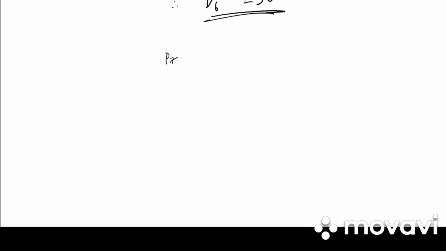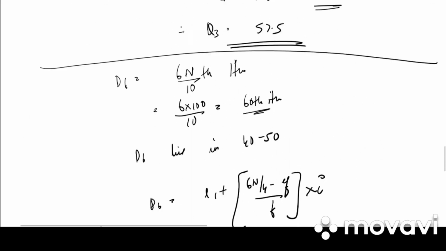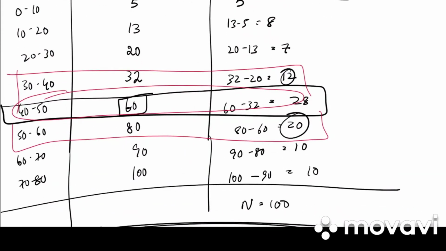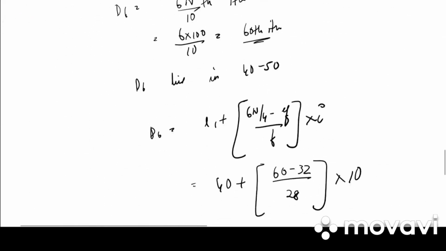Last we need to find P70. That is 70 into n divided by 100th item. 70 into 100 divided by 100, that is 70th item. Where does it lie? P70 lies in 50 to 60. So cumulative frequency is 60 and frequency is 20.